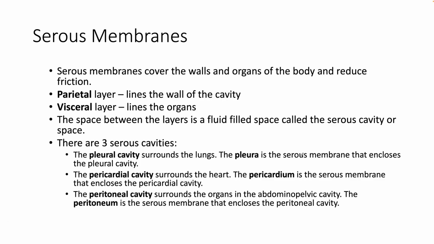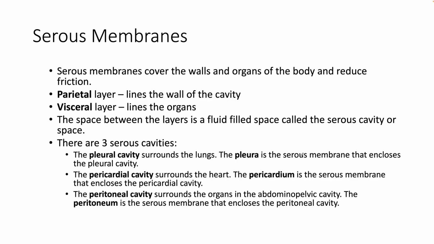The parietal layer is going to line the wall of the cavity, and the visceral layer is going to line the actual organs. Organs are also called viscera. So the visceral layer is deep to the parietal layer of the serous membranes. Between these two layers is a fluid-filled space called the serous cavity.